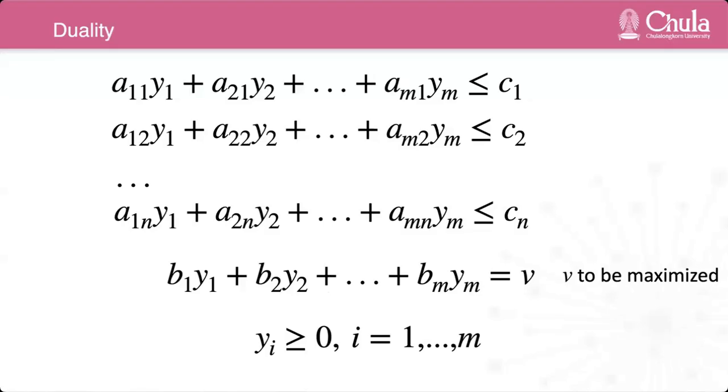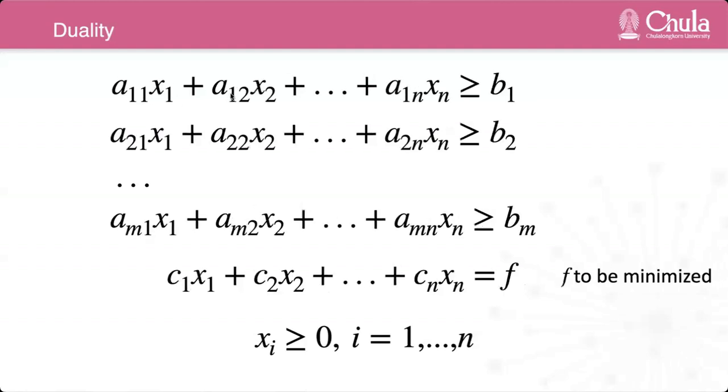And also the coefficients of the A matrix, A11, A21, appear here in both problems, the primal and the duality.